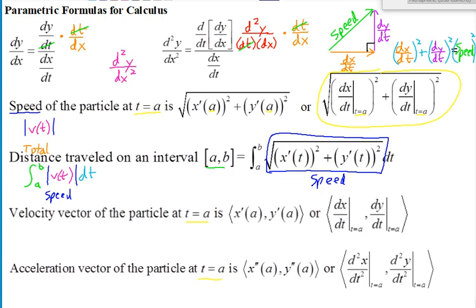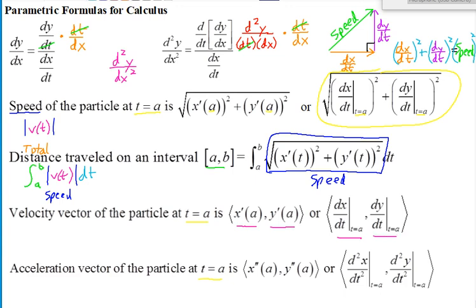You write it with symbols that look kind of like greater than or less than signs, but they are open a lot wider than inequality signs. That's how you write vectors, and you separate the components with a comma. The x component goes first and the y component goes second, or in the notation, dx/dt and then dy/dt. And again, it's showing you what happens if you plug in a specific time.